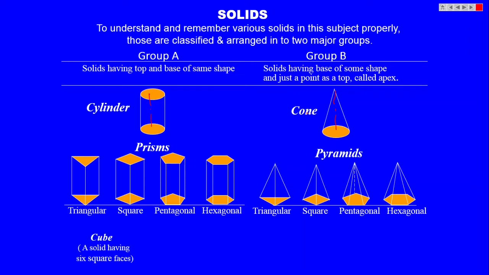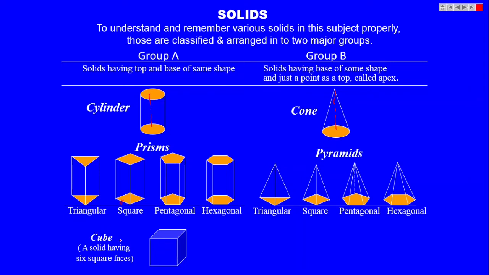Then cube, a solid having six square faces. In the case of a cube, this is actually a type of prism having the height of the prism same as that of the base edge. Here this one is base edge, and when this height is equal to base edge and all base edges are same, then we will get a special category of prism.